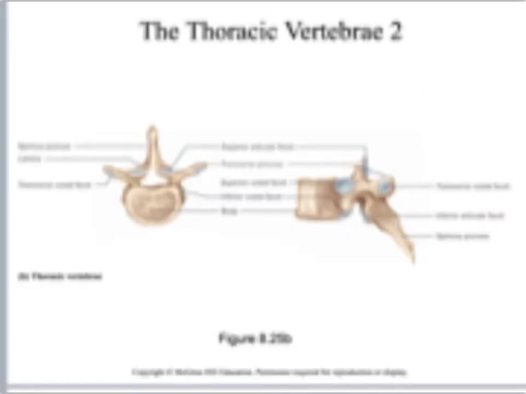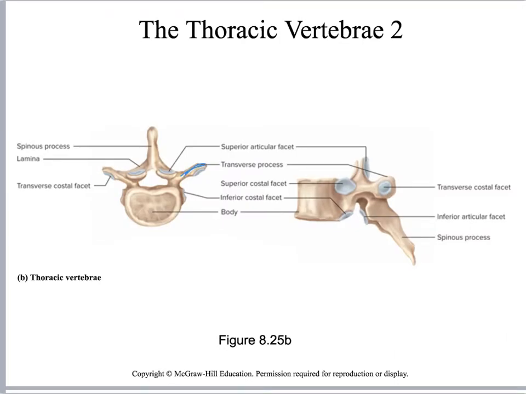All right, so now we're looking at the thoracic vertebra, and what I want you to focus on are the unique features, okay? So right here, I've got my transverse process, and you can see it right in here, okay? Now, let me change colors. This right here is going to be where my superior articular facet is on the superior articular process.